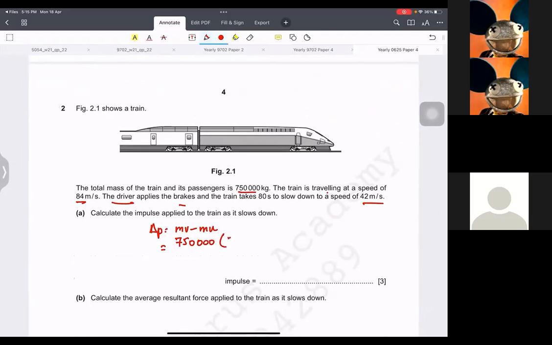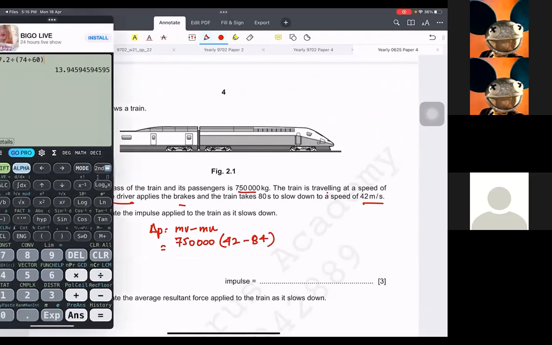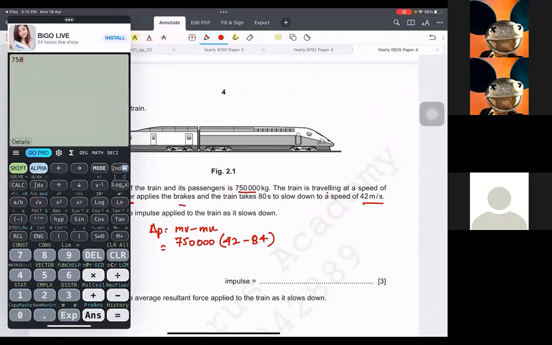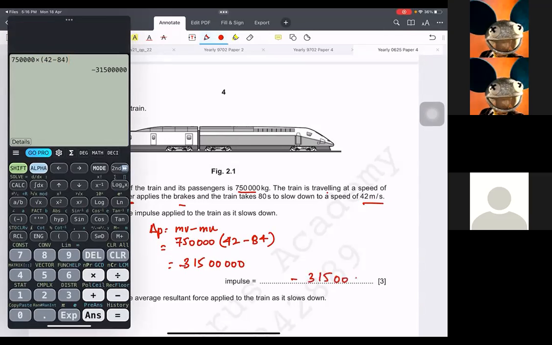Final velocity was 42 minus 84. So this would be 315,000,000.